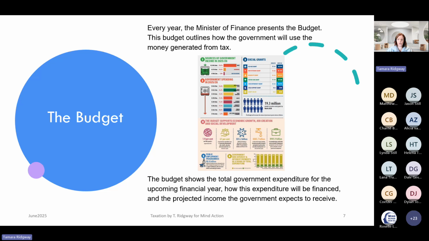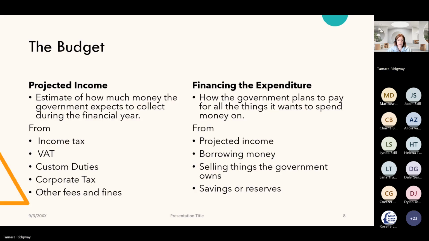Now, when you hear that or maybe read that, it might sound like it's actually exactly the same thing. But there's two parts to it. There's a part that says what is the projected income, and then there's a part that says financing the expenditure. And I apologize up front that some of these slides look text heavy, but the animation is not working.